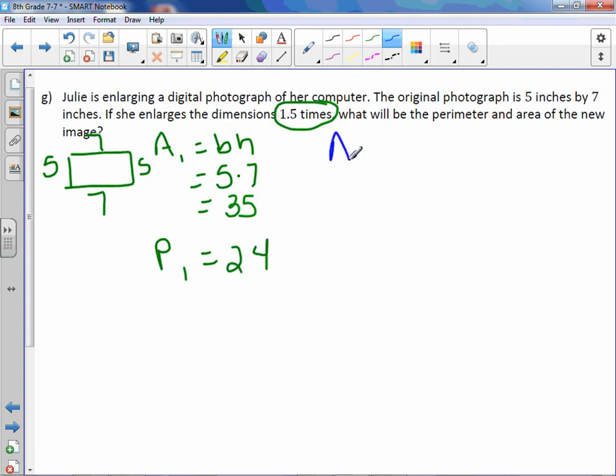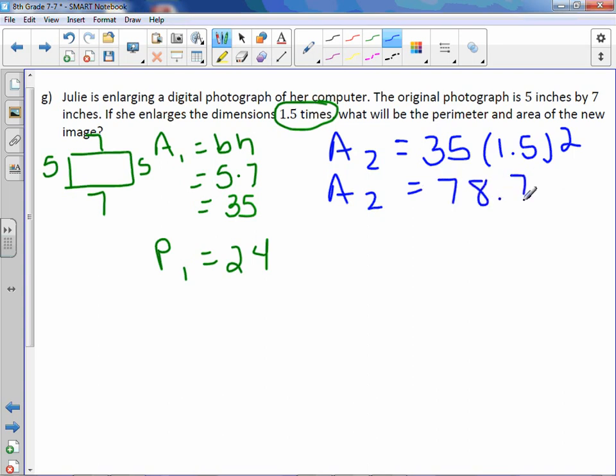To find our new area, we take our old area and multiply it by the scale factor squared. When we do that, we get a result of 78.75 inches squared.